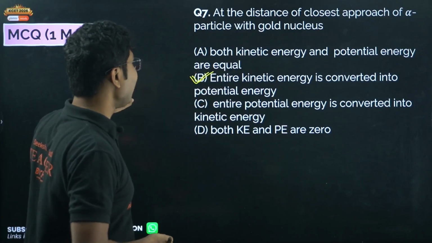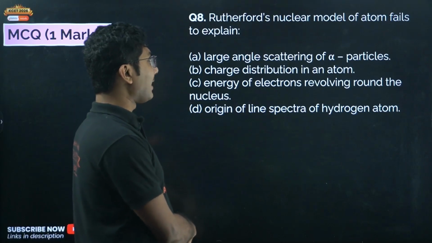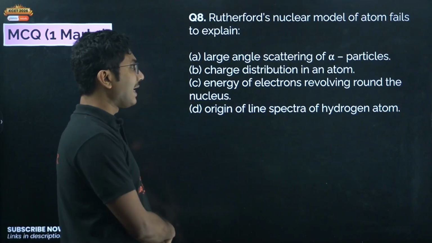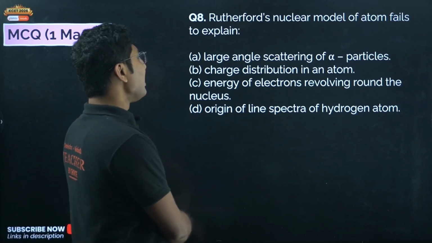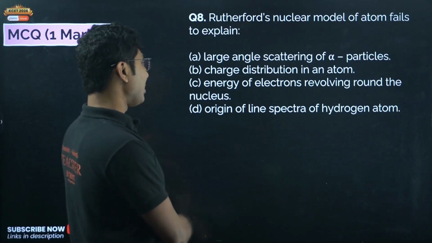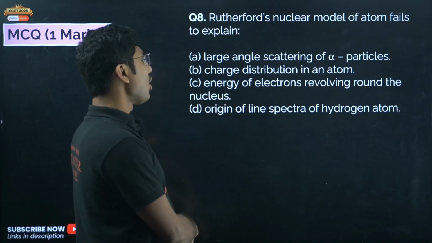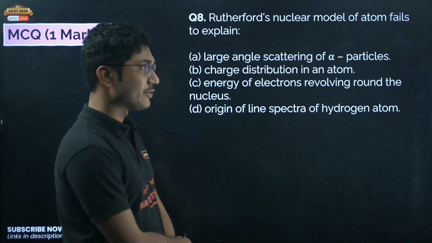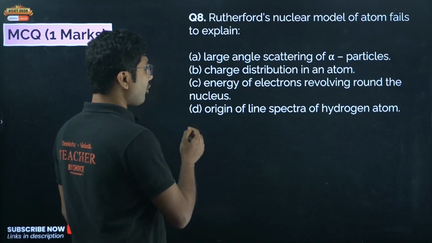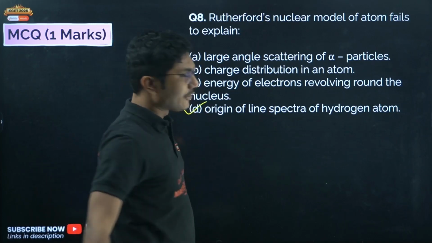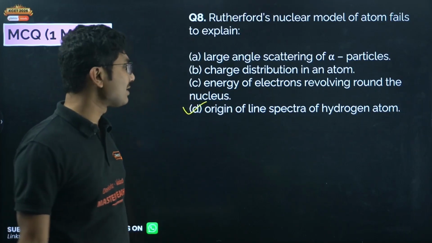Don't answer option A. Rutherford's nuclear model of atom fails to explain large angle scattering of alpha particle, charge distribution of an atom, energy of electrons revolving around the nucleus, origin of line spectra of hydrogen atom. Actually it is many of the points, but the main one is the origin of the line spectrum of hydrogen. It cannot explain that. Energy of electrons can be explained.